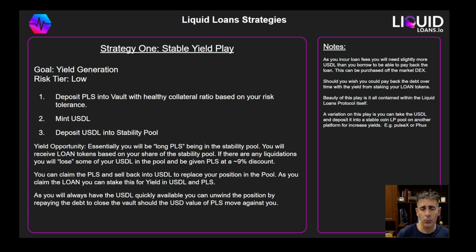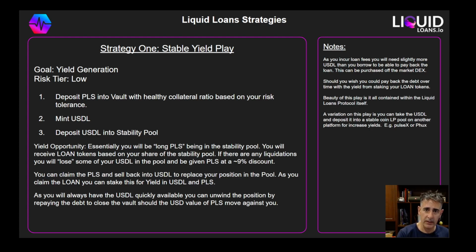So we're looking for the yield. Hopefully we should get a bit of discounted Pulse if we're in the stability pool. But the other big thing is we're after the loan token that you get given whilst you're in the stability pool. And that's a really aggressive distribution mechanism for the first year, and then it halves every subsequent year. So the returns you'll get in loan token the first year will far outweigh the returns you get in the second year.